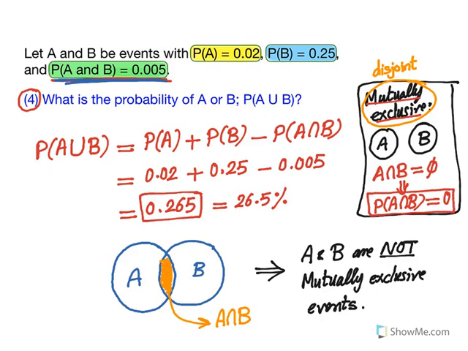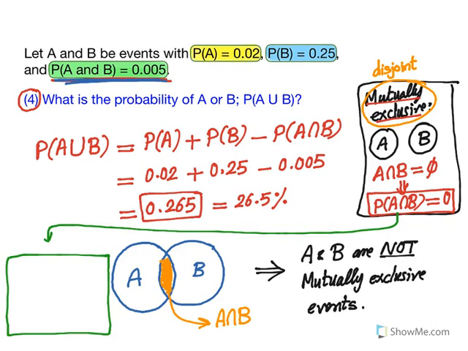And that's why, let me just find the place to write it. That's why here I will tell you, if they are mutually exclusive, so if A and B are mutually exclusive, then you know the probability of A or B is going to be very easy to calculate.